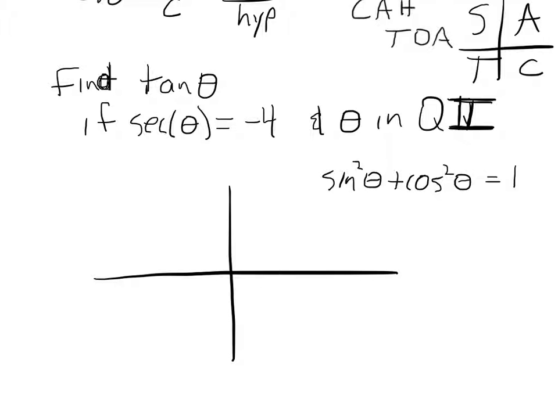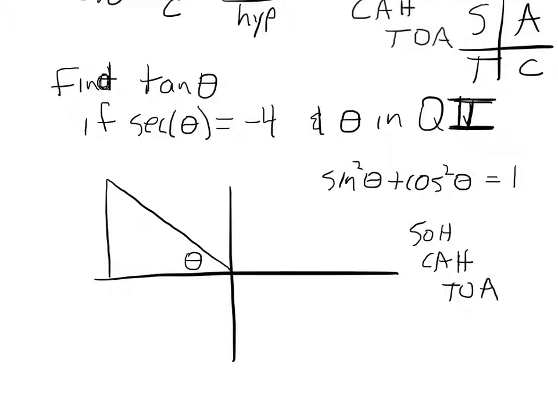Quadrant 2. If I make a triangle in quadrant 2, call that theta. Now secant is 1 over cosine. Cosine is adjacent over hypotenuse, so secant is hypotenuse over adjacent.